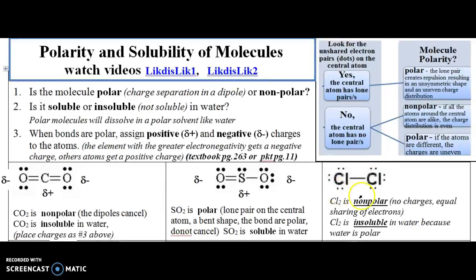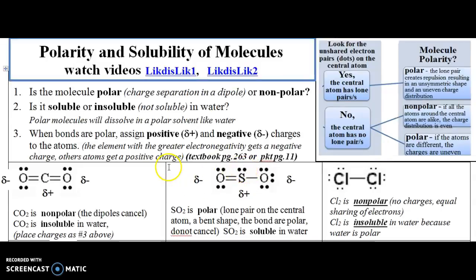Now this molecule, on the other hand, the Cl2, has no bond polarity, so obviously it's not going to have any molecule polarity. Now over here, even though the Lewis structure shows all three atoms in a straight line, it's not a straight-line molecule because of this lone pair.